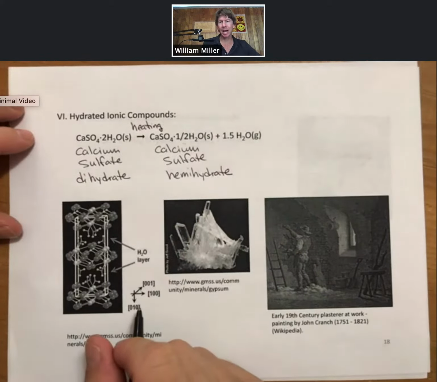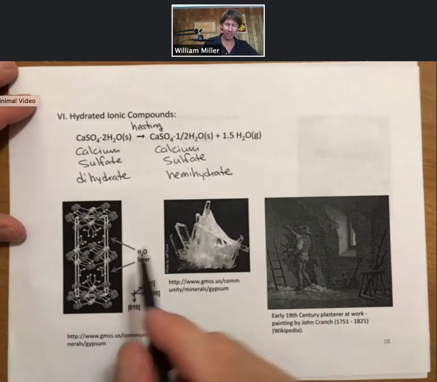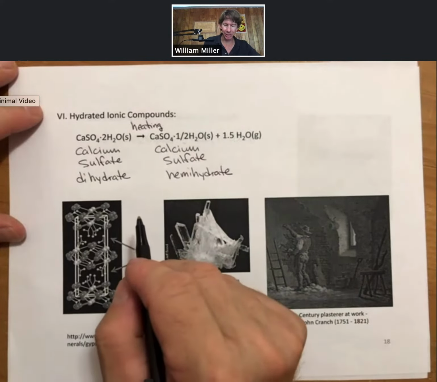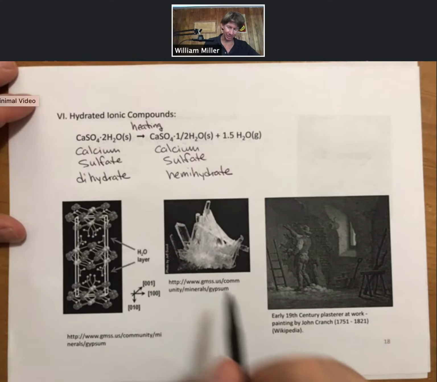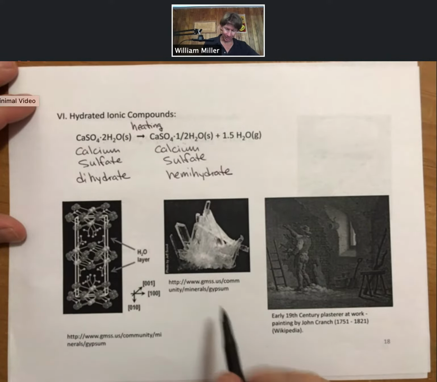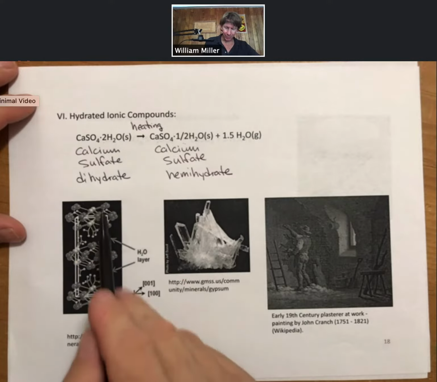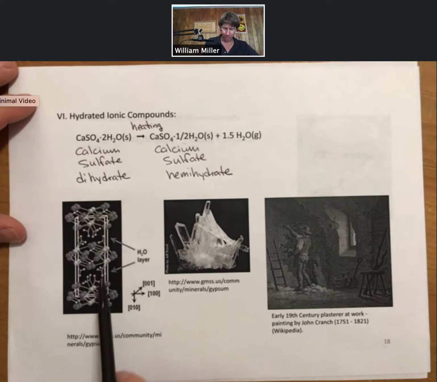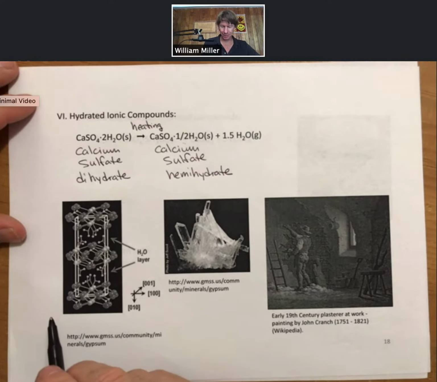And this would not be a good way of writing the balanced reaction because it does have a fraction in it. Fractions should be cleared in balanced reactions. Now, the only difference between these two compounds is the number of waters that are trapped between the calcium sulfate layers.